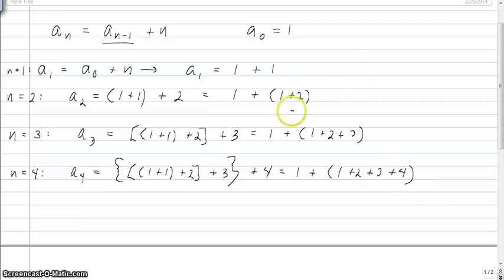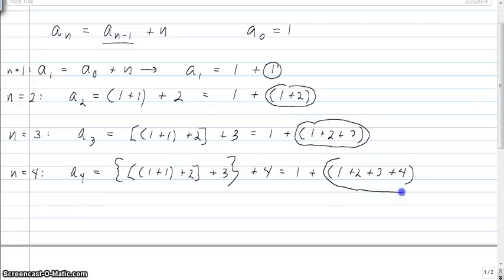Okay, so what I'm seeing is that I've got 1 plus 1 here, 1 plus, and then 1 plus 2. And so in each term, what I'm looking at here, we could say is the sum of the first n integers. The sum of the first n integers. And that's a common sum that you see in discrete math or in a computer science class.